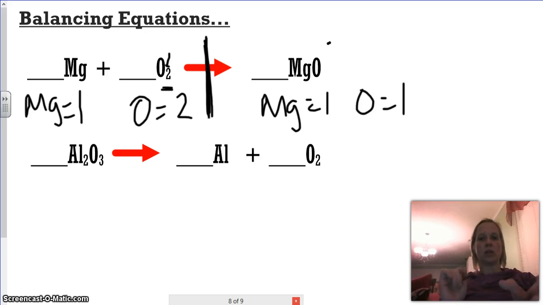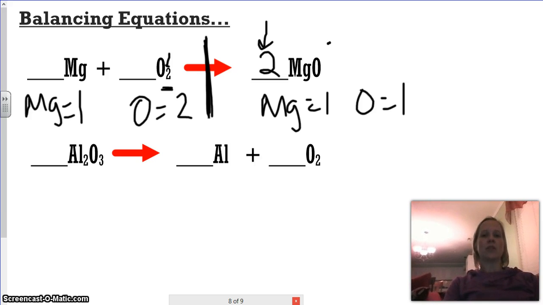How many O's on one side and how many O's on the other? I've got 2 and I've got 1. I need to put a number right here that when multiplied by 1, because the oxygen's only got 1, will give me 2. So of course all of you are saying, well, Ms. Gebhardt, 1 times 2 is 2. So I'm going to put a 2 right there. That 2 distributes to the Mg and the O, okay? Because Mg and O, they're connected, they're together.